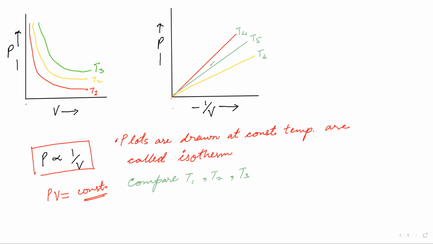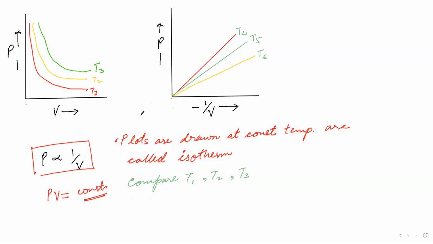We have to say which one is greater or smaller, anything? Red is greater. Red is greater in which graph? Just tell me about T1, T2, T3. T4 is greater than the other two in the second graph. Oh, wait.